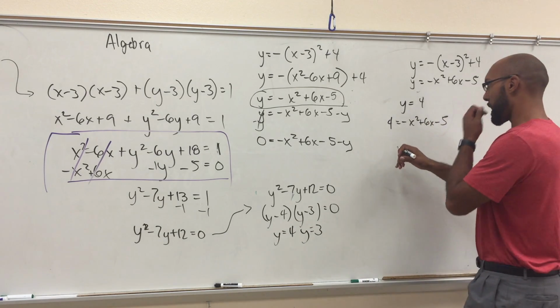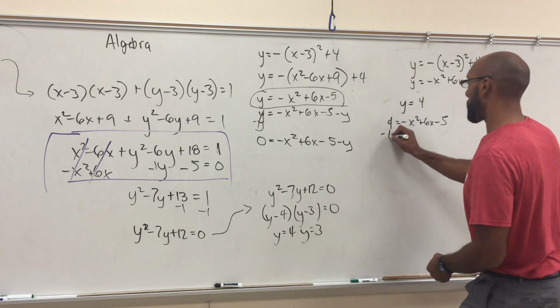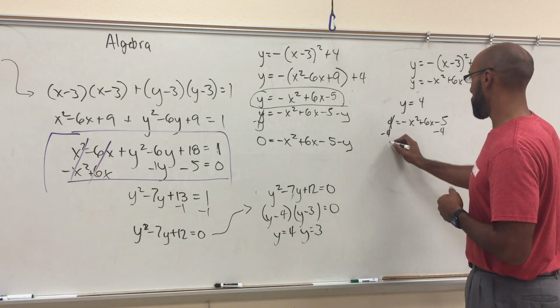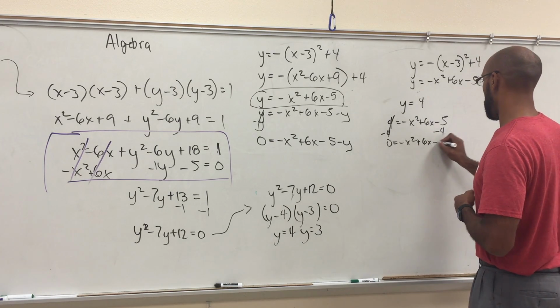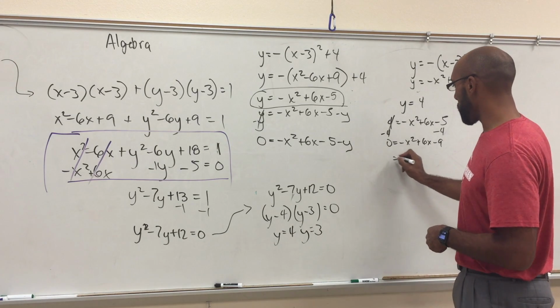Okay, now what I want to do is set that equal to 0 again, factor it just like we did here. So minus 4 equals 0. Okay, minus 9. Now there's a negative here, so I like to factor out negatives whenever I have one in the front.